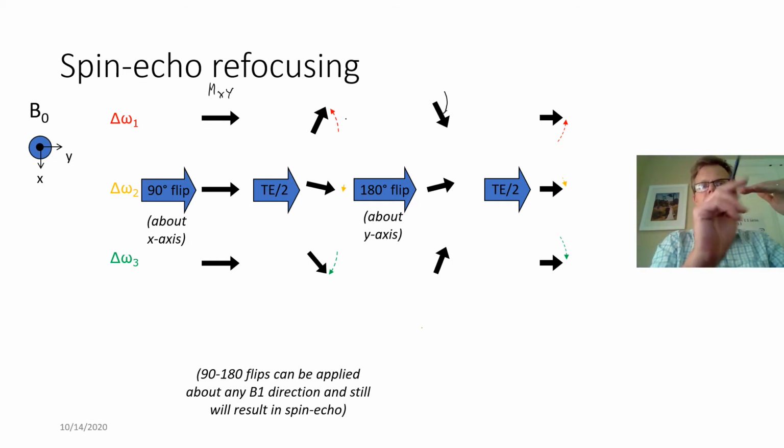So if we choose these timings to be the same before and after this 180-degree pulse, then in fact we can cancel out completely this effect of different resonance frequencies. Let's go through the second line here, the orange. And now this net magnetization in the rotating frame is going to be moving slightly clockwise, but very slow.